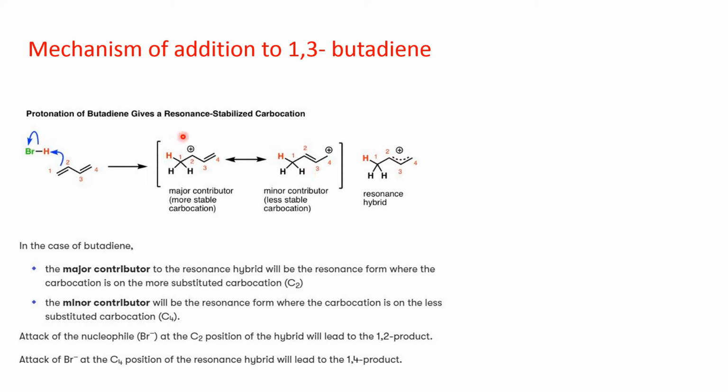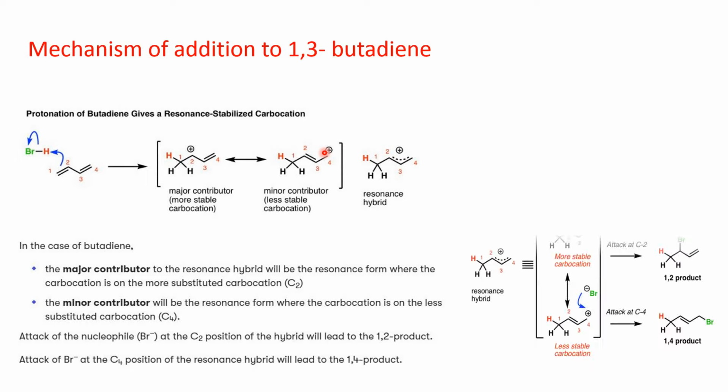So it is more stable, and the major contribution of the resonating structure towards the resonance hybrid will be from the more stable carbocation. Okay, and when this nucleophile, that is the bromide, attacks at the C2 position, we get the 1,2 product, and when the bromide attacks at the C4 position, we get the 1,4 product.